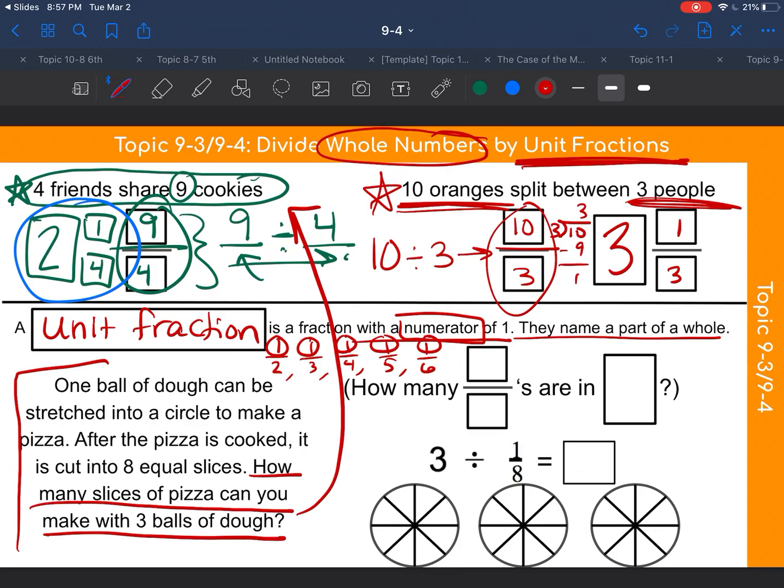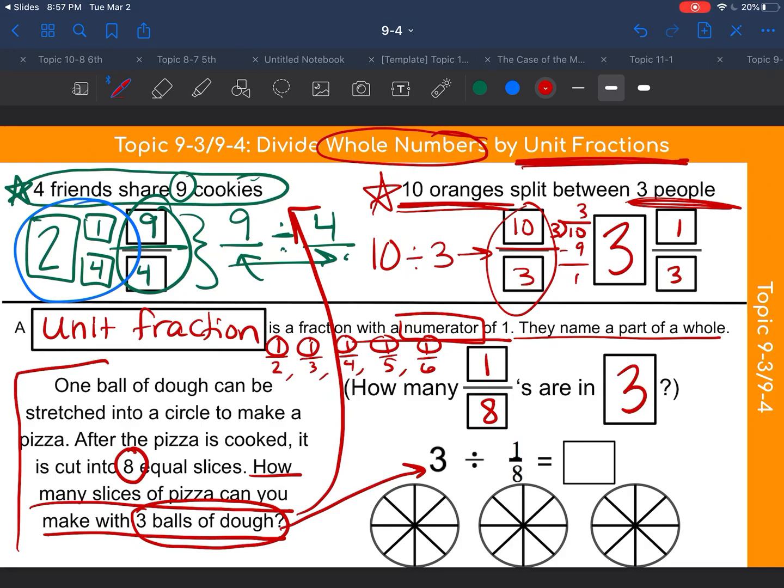In our division problem, what are we starting with? What are we splitting? What are we sharing? In this case, it's 3 balls of dough. So 3 is what we start with. We're dividing 3 into eighths.